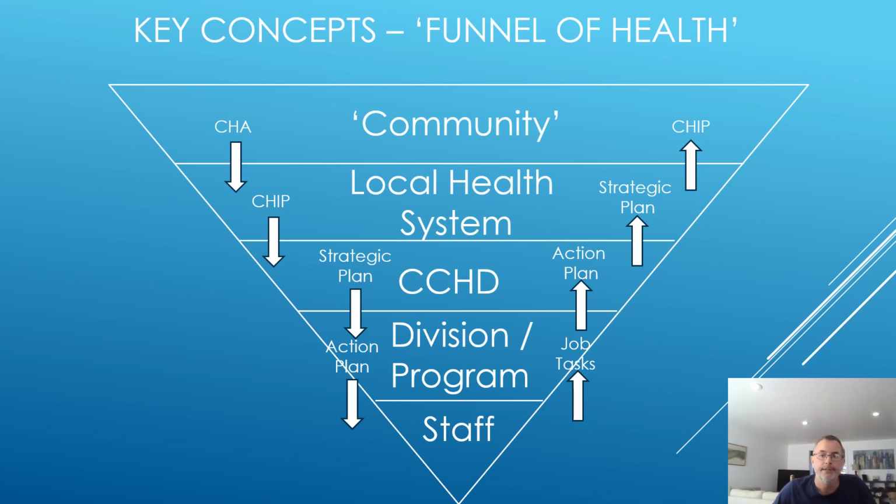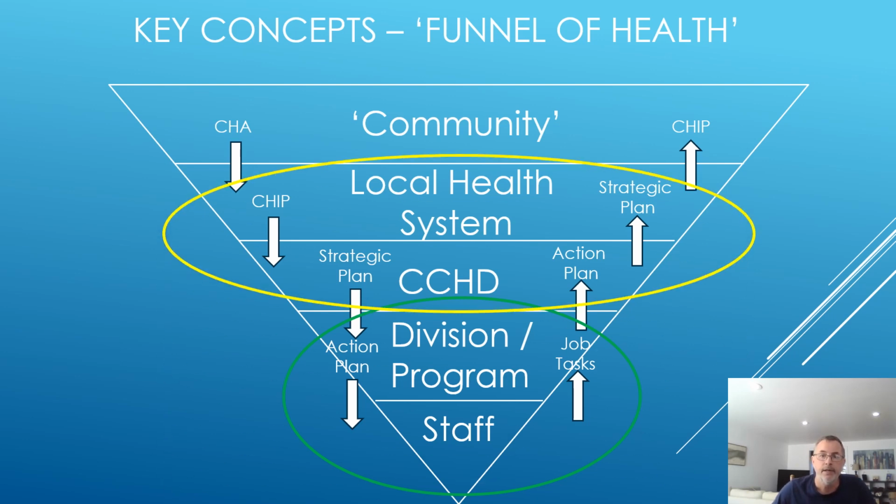Okay. This is an important slide. It shows vertical alignment. Okay. You guys operate down here. All right. You're operating down here on the action plan level. Okay. With some input from the strategic plan. And you see that here.